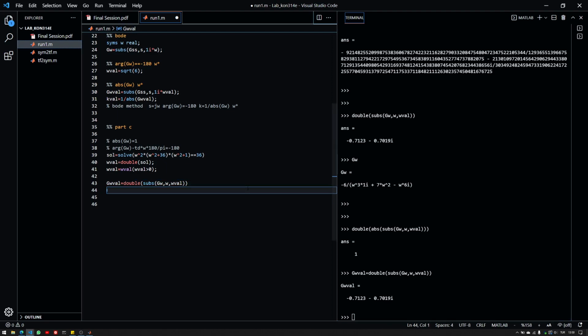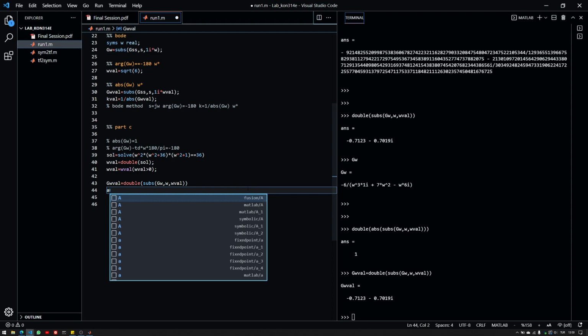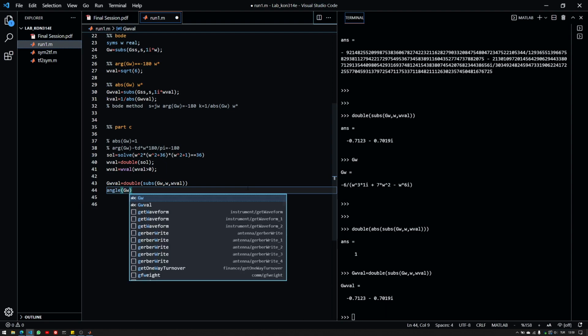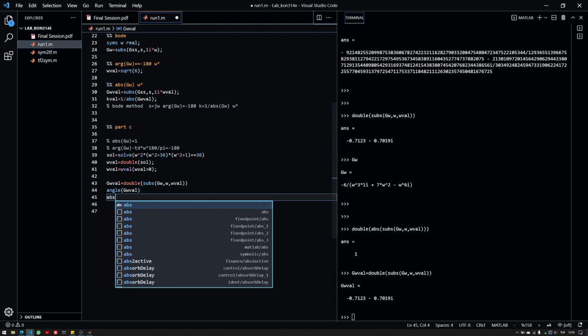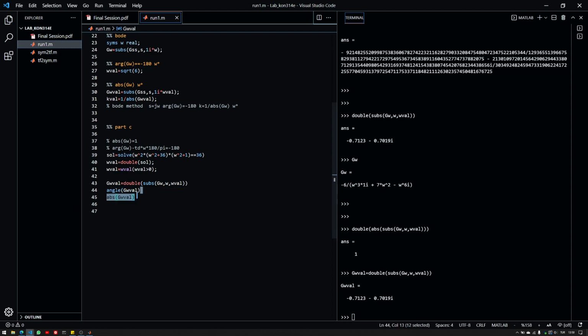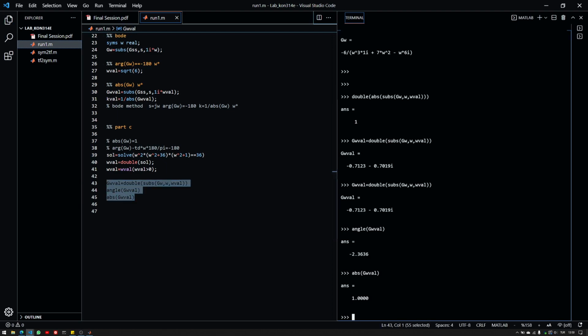and that's it. So looking for the angle of g val, so the imaginary part divided by the real part, then the inverse tangent basically. So omega val, and then the absolute value here. Now we can see that the absolute value is this, and then we have minus 2.3636.